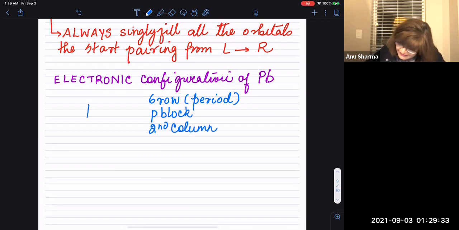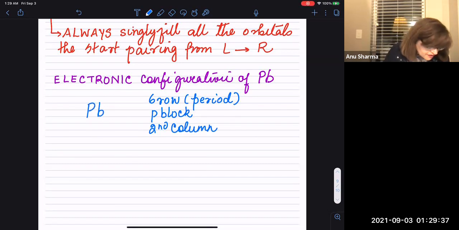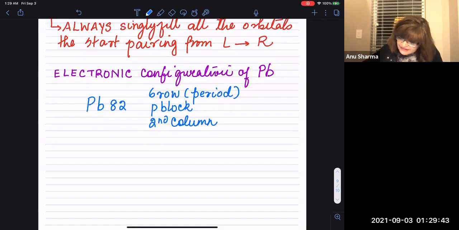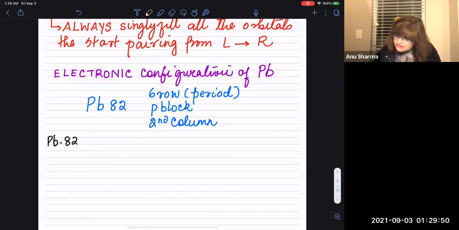Okay, that is this substance called lead. So lead contains 82 electrons. So let's start placing these 82 electrons. So lead 82, and at least we know we need to stop at 6p2.